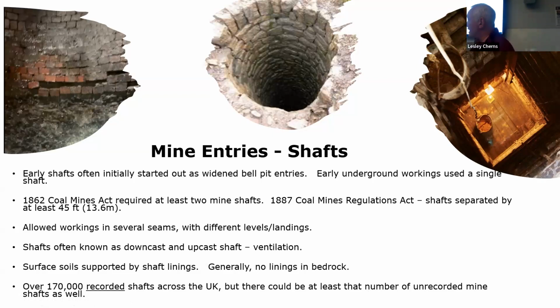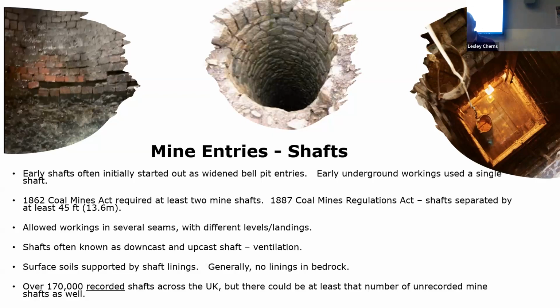And the way they used to do that was one of the mine entries, either at the top or, unbelievably to my mind, at the bottom, they used to light a fire. And if you know your physics and chemistry, if you light a fire, it produces a low pressure. The low pressure would then draw air through, and then that would escape through the upcast shaft. So the air would be drawn in from the atmosphere through the downcast shaft, through the workings to a low pressure, and then out through the upcast shaft.